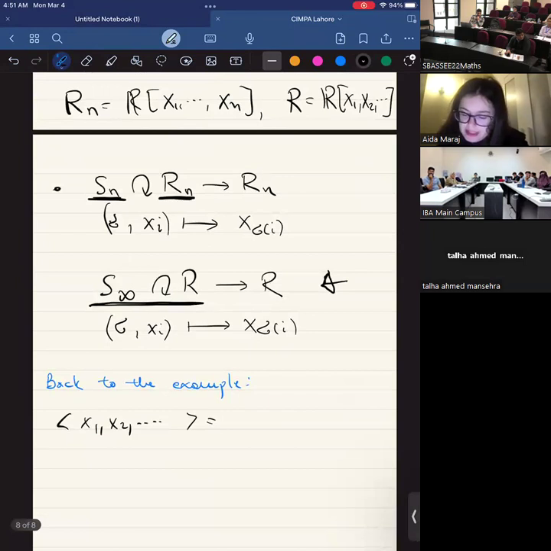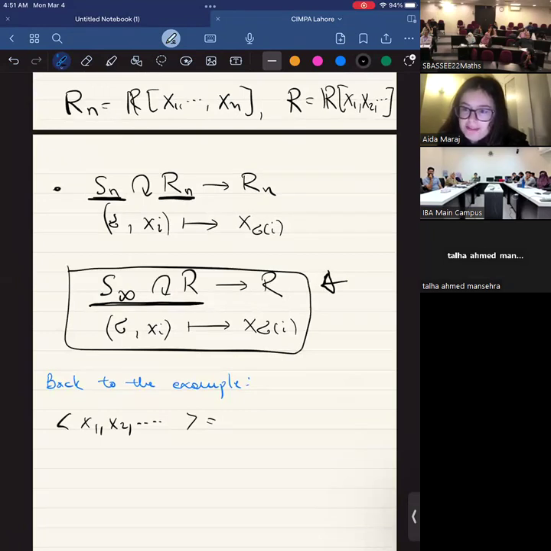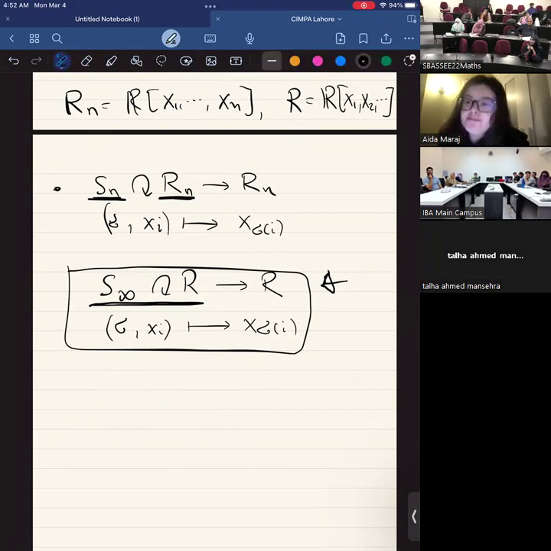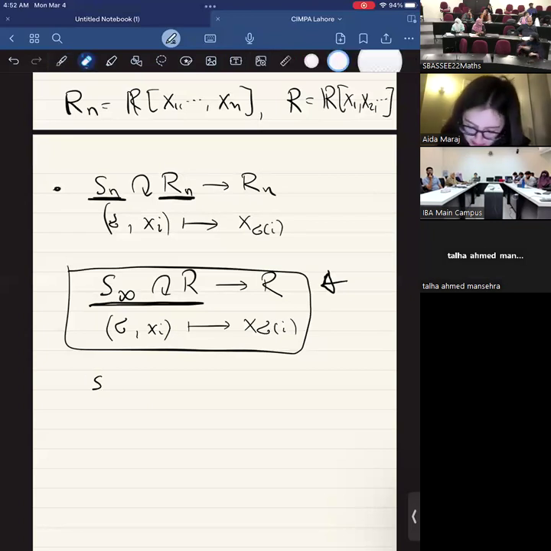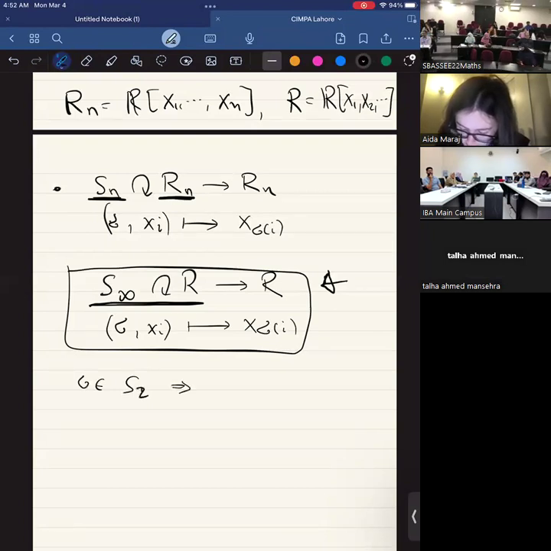I think your question is in this part, because if n equals 2 you don't have x4. Let me add here that S1 is a subset of S2, and S2 is a subset of S3. So we can take a permutation sigma in S2, and we can extend it to a sigma in S infinity by just making everything that is not 1 or 2 the identity.